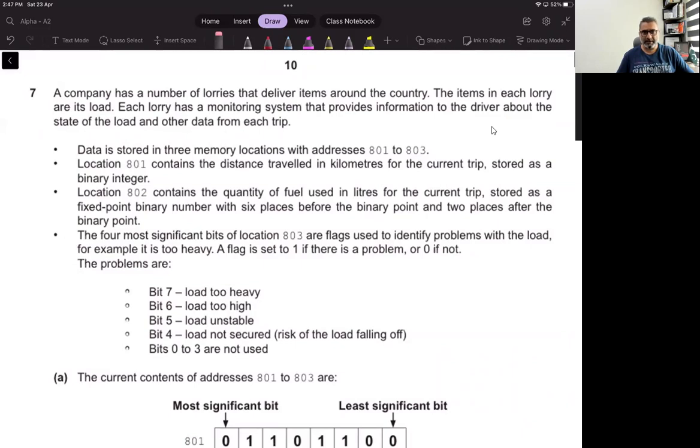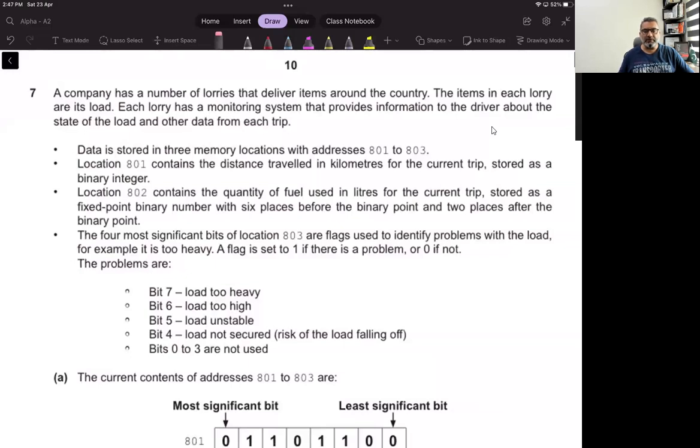Location 801 contains the distance traveled in kilometers for the current trip stored as a binary integer. Location 802 contains the quantity of fuel used in liters for the current trip stored as a fixed point binary number with 6 places before the binary point and 2 places after the binary point.